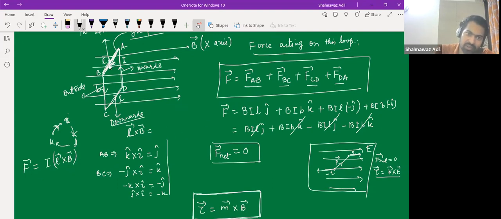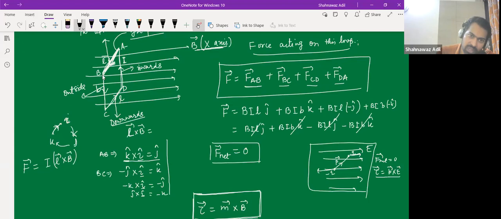For the case of this loop, the direction of current is K hat, and the magnetic field is in the x-axis direction, so it is always I. We know that K cross I is J. Understood? So that is the direction in going from A to B.